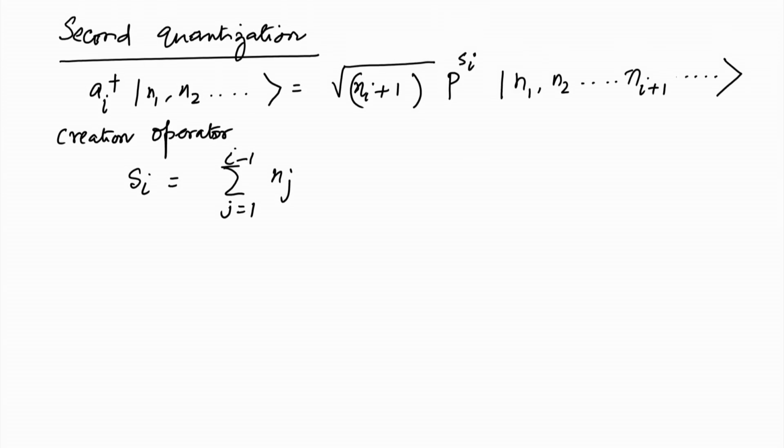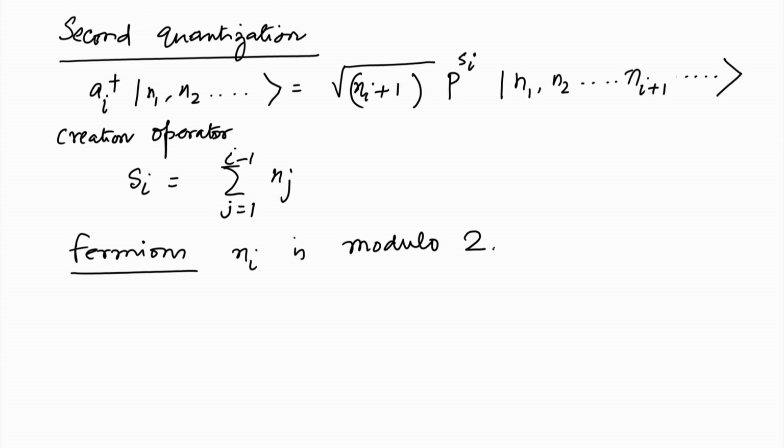Now, it is important to note that in a fermionic system, so for fermions, this n_i is modulo 2.